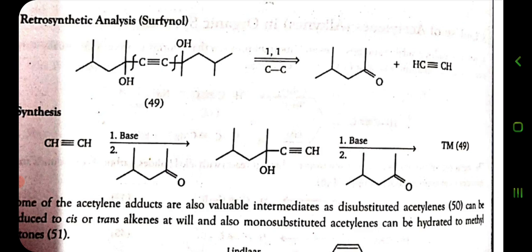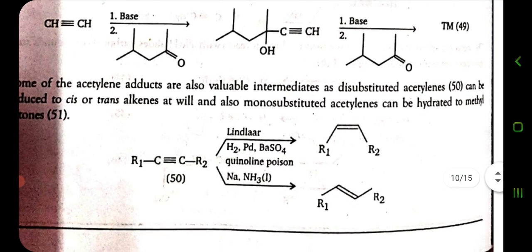Some of the acetylene adducts are also valuable intermediates. Disubstituted acetylenes can be reduced to cis or trans alkenes at will, and monosubstituted acetylenes can be hydrated to methyl ketones.